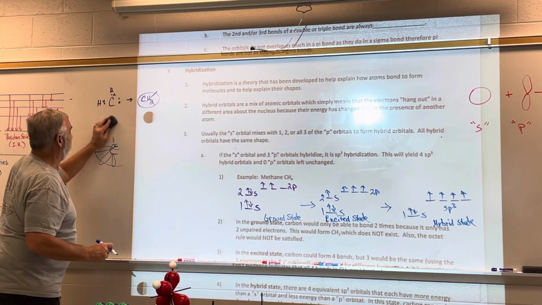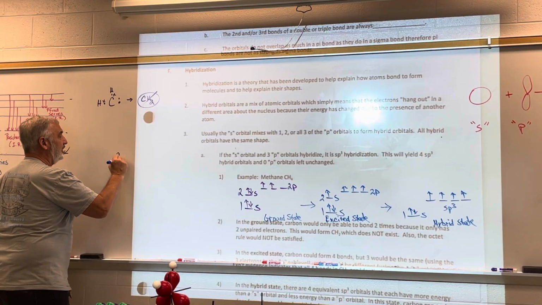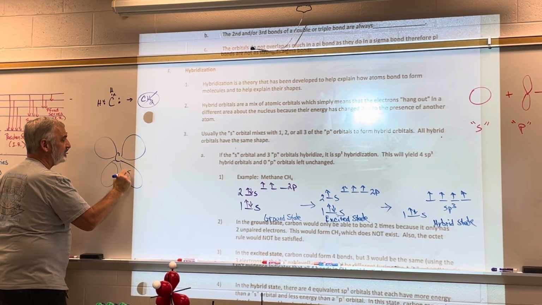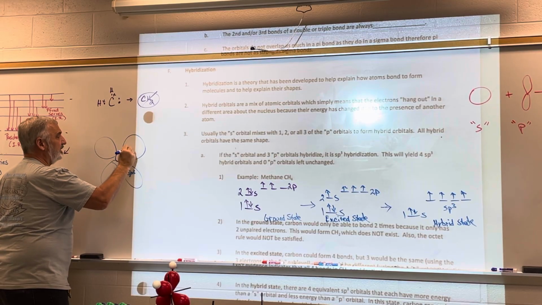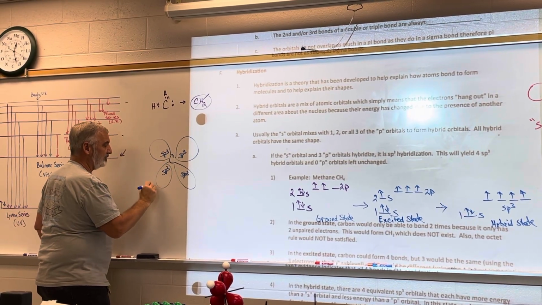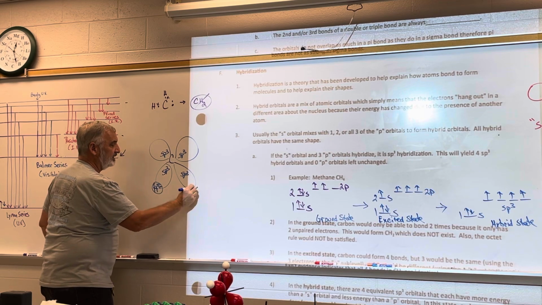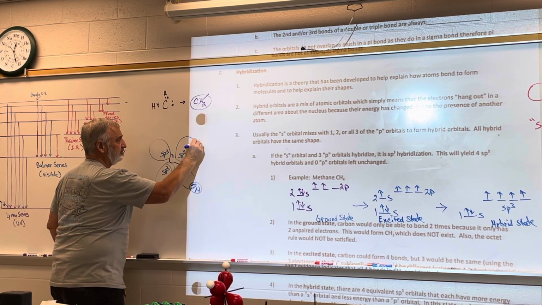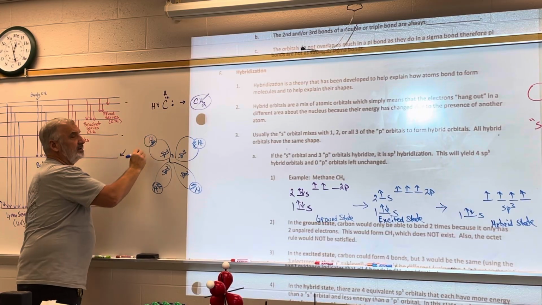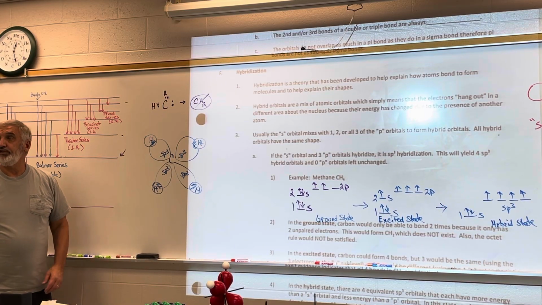So we end up getting a carbon with sp3, sp3, sp3, sp3 hybrid orbitals, each with a hydrogen sigma bond. So you get 4 equivalents.